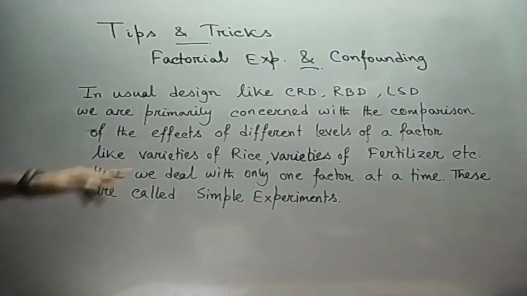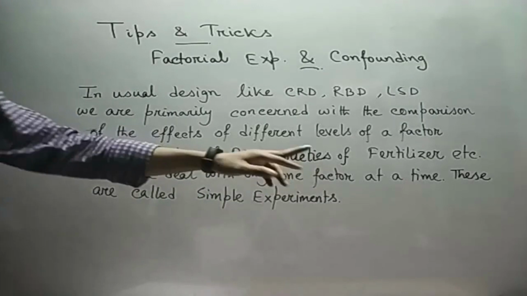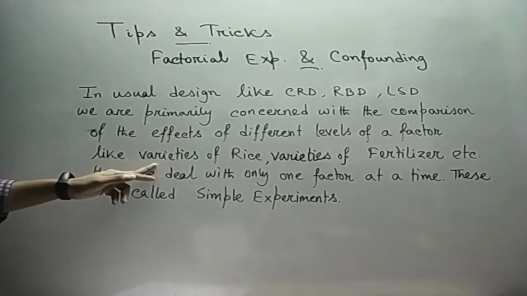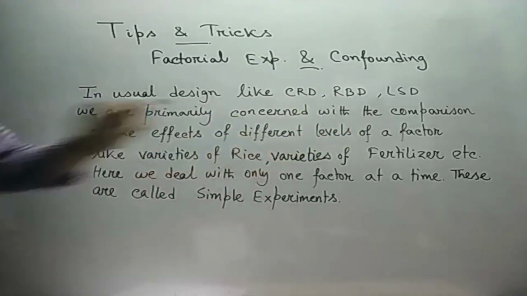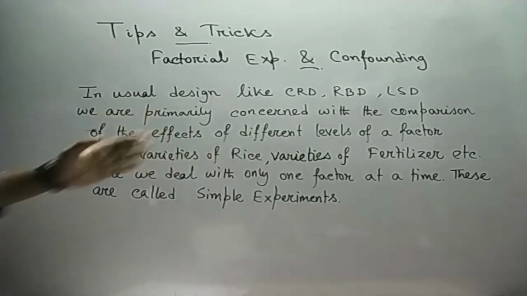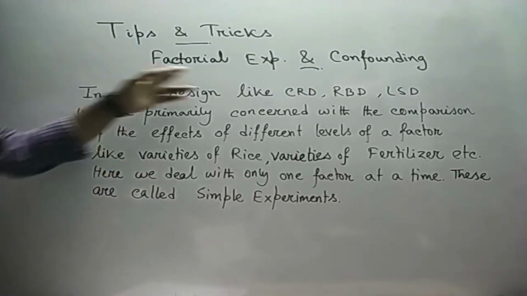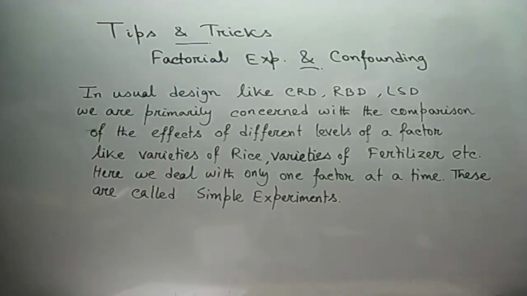That means here we deal with only one factor at a time, like only varieties of rice or only varieties of fertilizer. But we cannot deal with 2 or 3 factors at a time. So to deal with several factors at a time, we have to use the concept of factorial experiment.